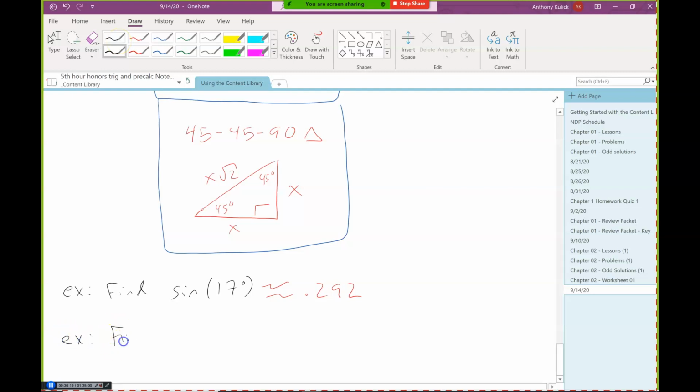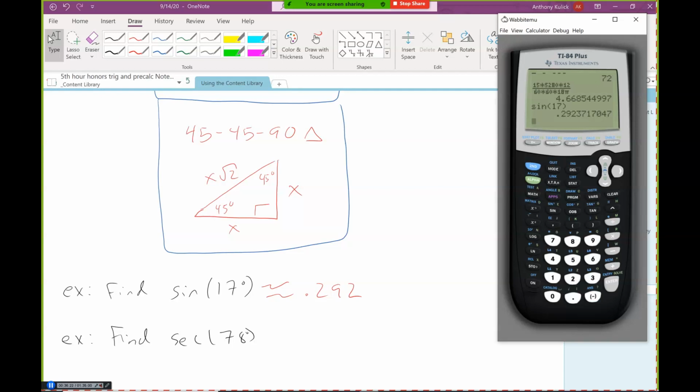What if I asked you to find secant of 78? Do I have a secant button on my calculator? No, but we're going to take advantage of the fact that we pointed out earlier that secant is the reciprocal of cosine. So how am I going to type that into my calculator?